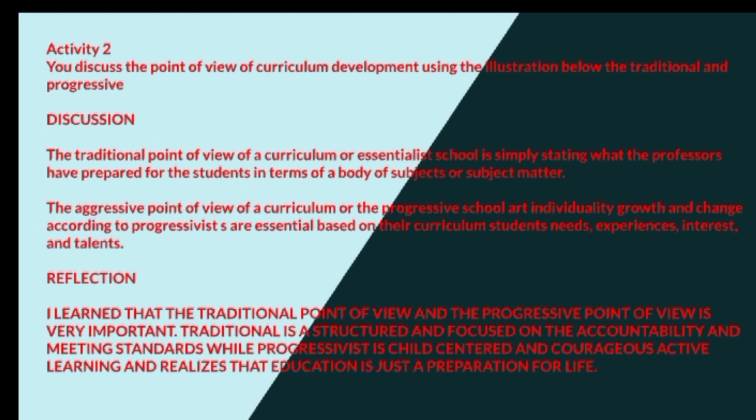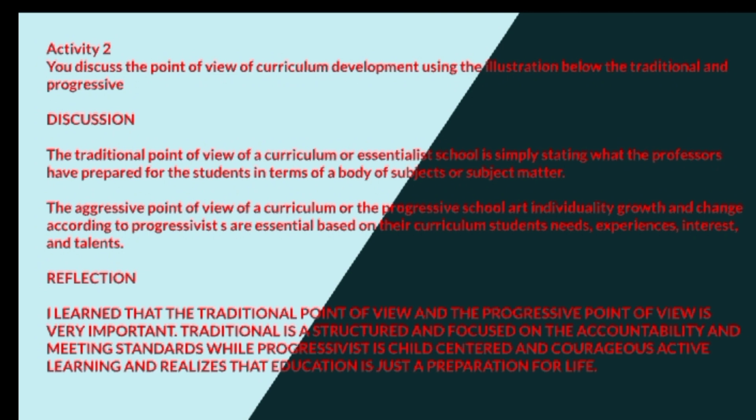I learned that the traditional point of view and the progressive point of view are very important, because traditional is structured and focused, with more accountability and meeting standards, while progressivist is child-centered and encourages active learning, and realizes that education is just a preparation for life.